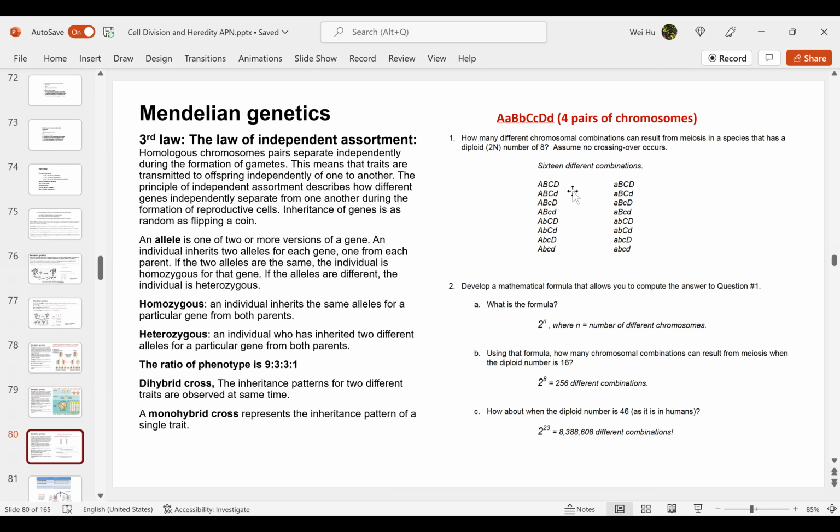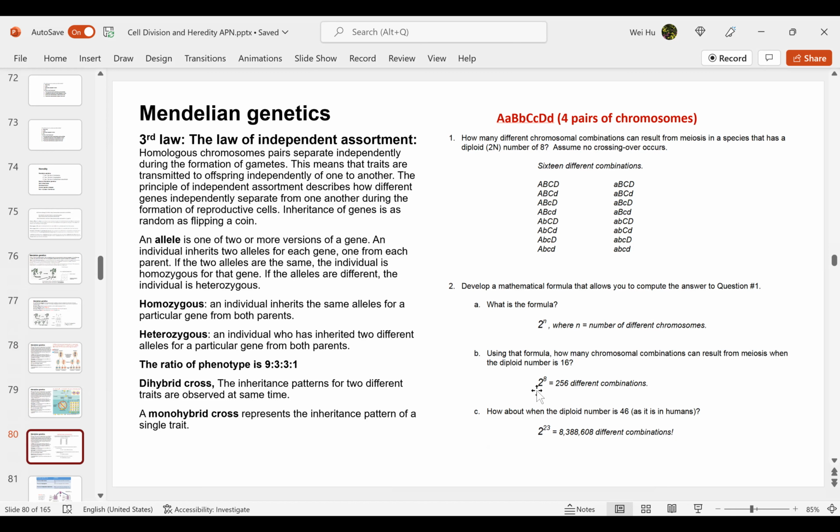You still can do it manually for these different germ cell combinations. So then you have 16 different combinations. You still can do it manually, even in an exam setting. But how about if you have more? If you have 8 pairs, if you have 16 chromosomes, you have 8 pairs, can you still do it manually? I don't think so. So you have to do it mathematically.